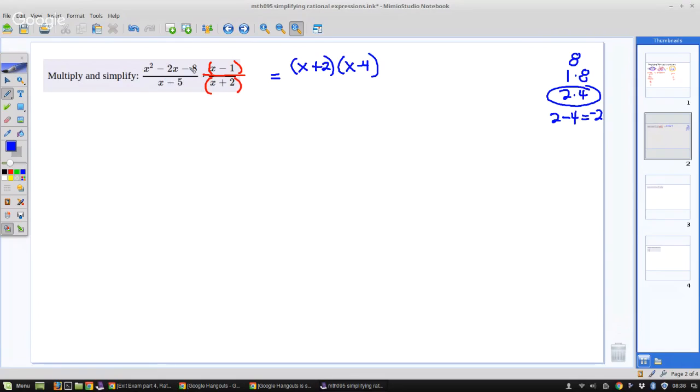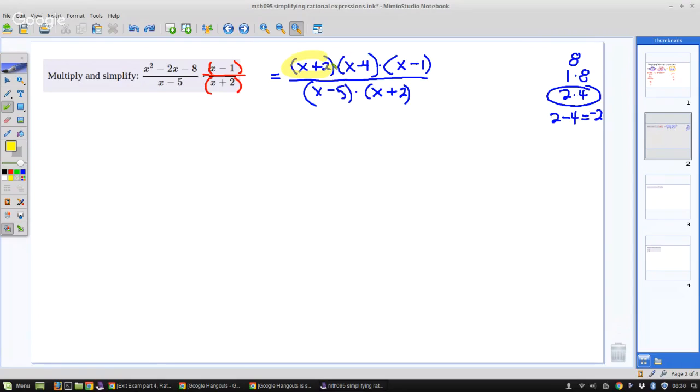Now, when you multiply fractions, you just multiply the numerators together. That means I'm going to have an x minus 1 in the top multiplied. I have these 3 factors multiplied in the top. In the bottom, I'm going to have just the x minus 5 factor and times x plus 2. Here I have a common factor again.